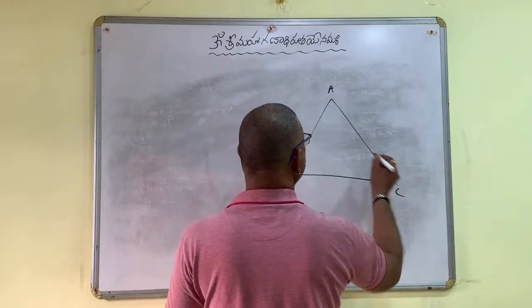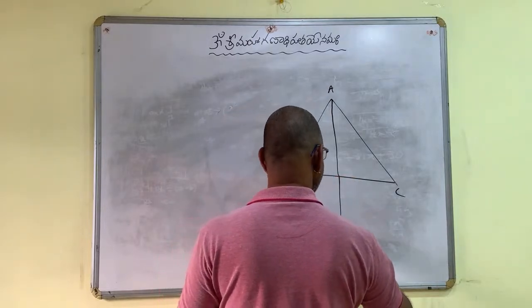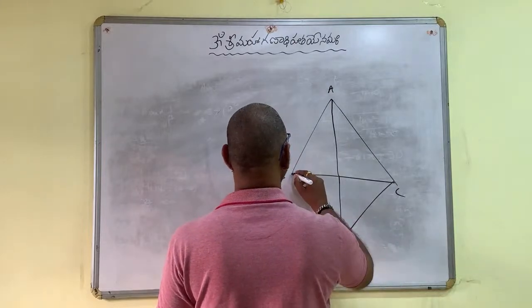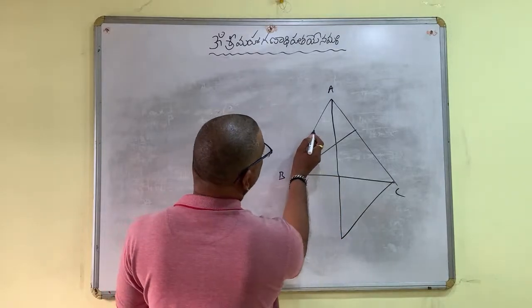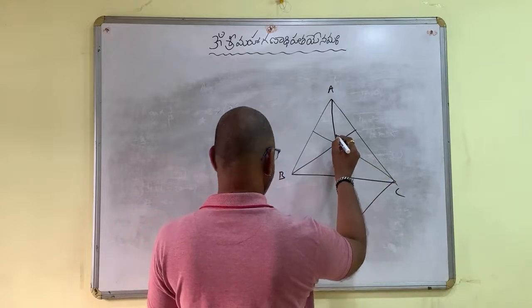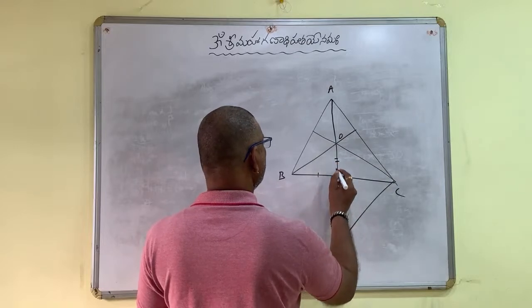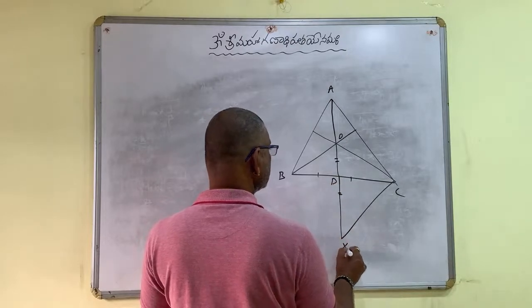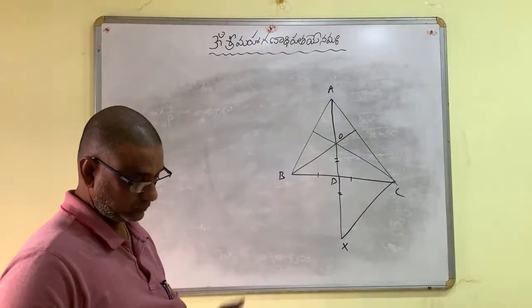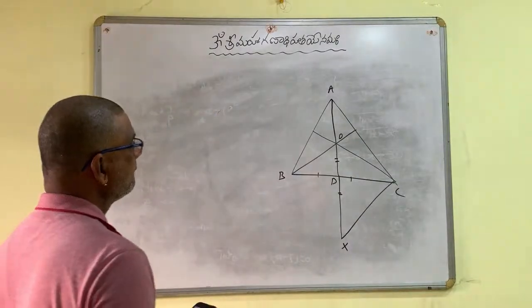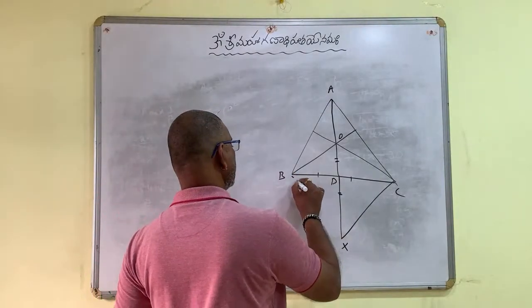A, B, C, AD median, this is O, this is D, X, and this is also joined.